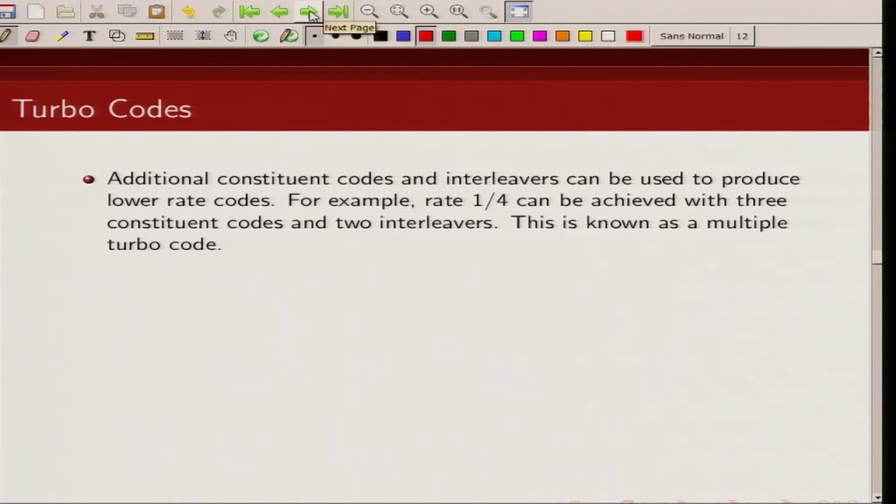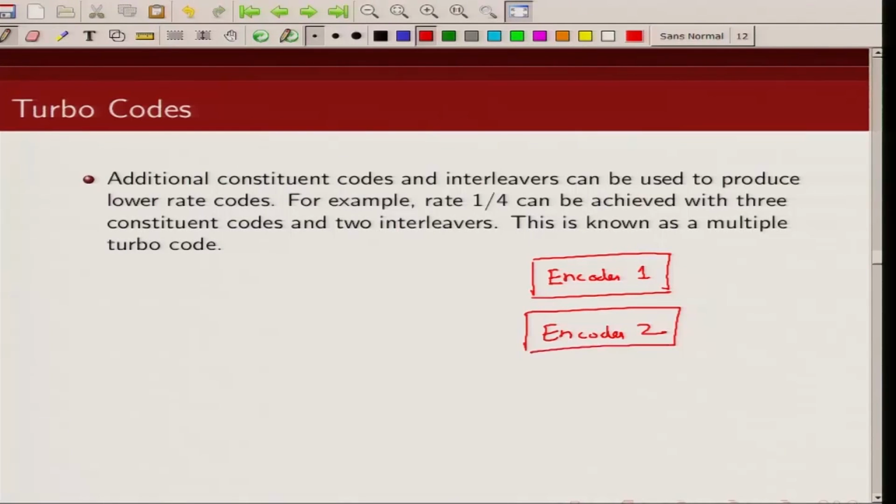Now, the encoder diagram that I showed you was using 2 encoders and 1 interleaver. Now, this structure can be extended for multiple encoders and multiple interleavers. So, I could have a situation, let us say I have encoder 1, encoder 2, and encoder 3.